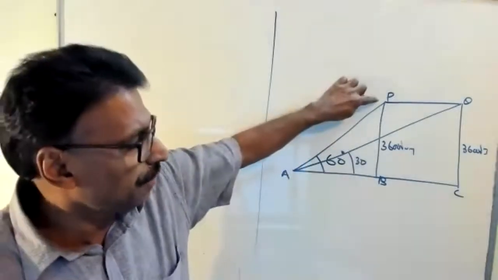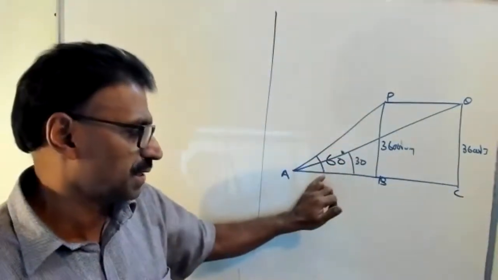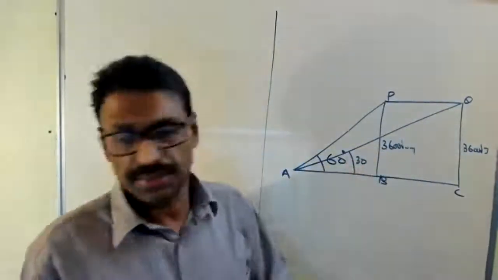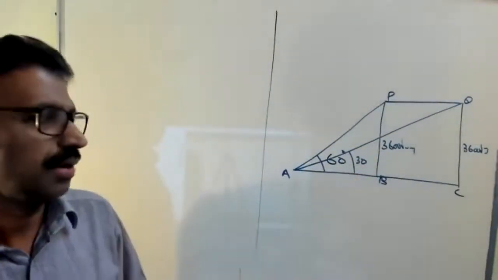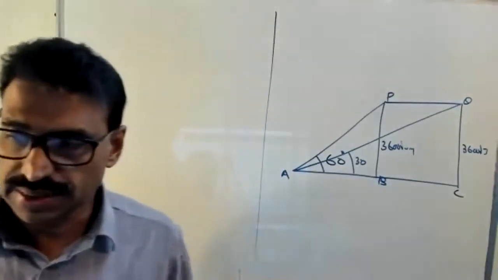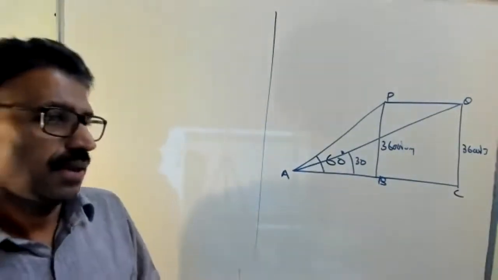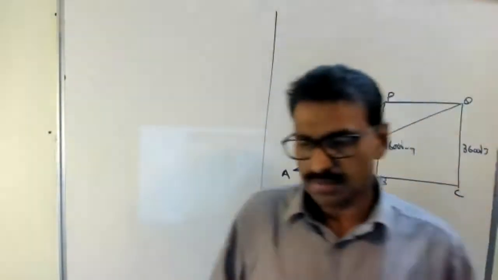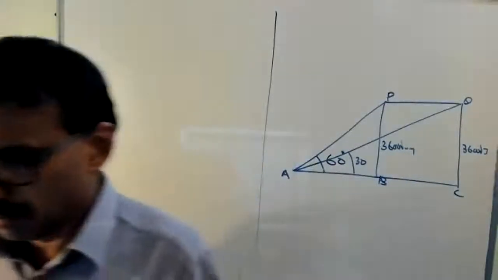The first point P has angle of elevation 60 degrees, the second point Q has angle of elevation 30 degrees. The flight is flying at a constant height of 3,600 root 3 meters. Then we have to find the speed of the aircraft. Clear now?